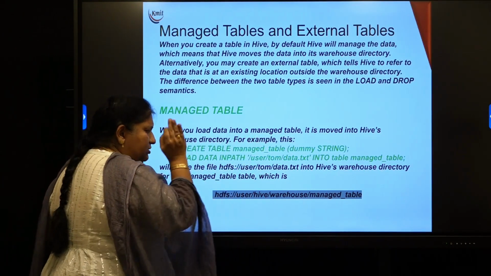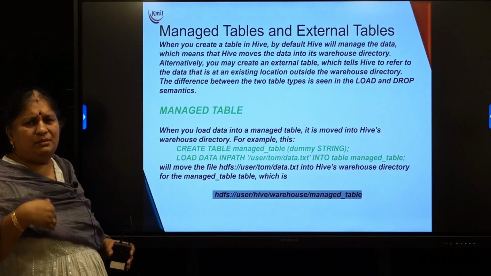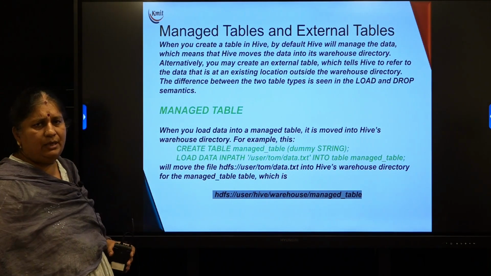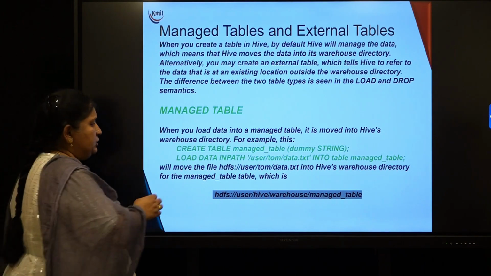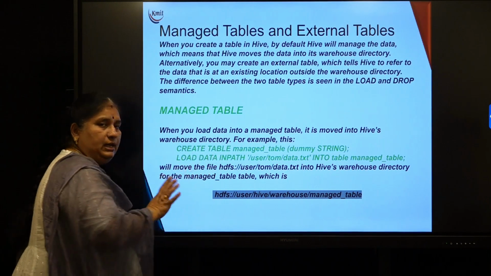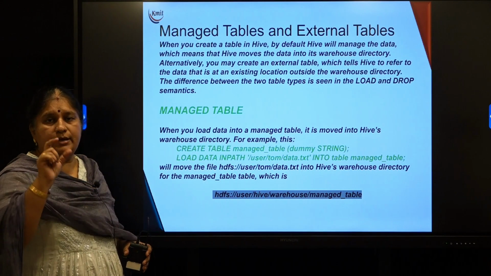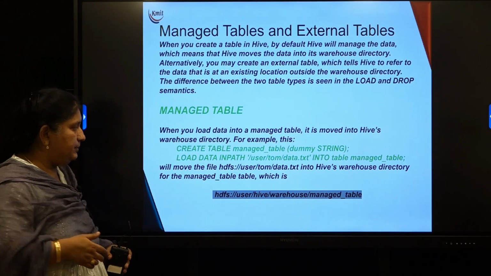This word is just to give a name to the table. You can give sample table, my table, any name. Just because we gave managed underscore table, it will not become a managed table. How do we understand who is a managed table? Between create and table, you did not specify any keyword. With the default create table, that is understood as a managed table.